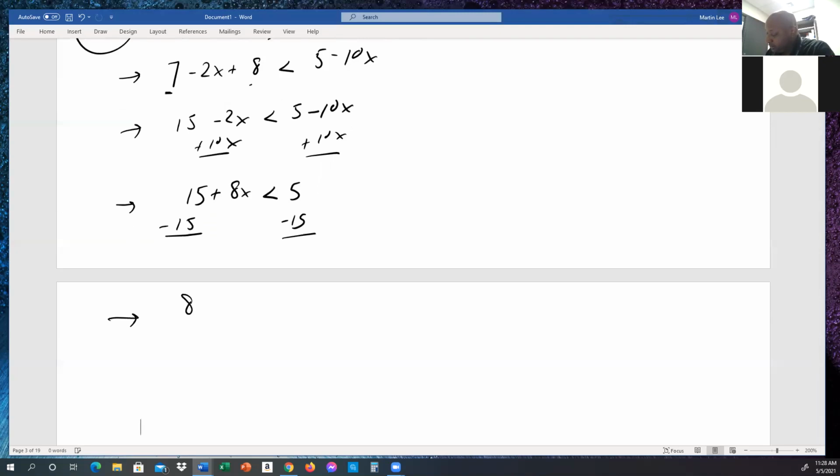So we get 8x is less than, okay, 5 minus 15 is a negative 10. Now let's divide both sides by 8. And since I'm dividing by a positive number, the inequality sign stays in the same direction. So 8 divided by 8, when they cancel each other, gives me x is less than negative 10 over 8.